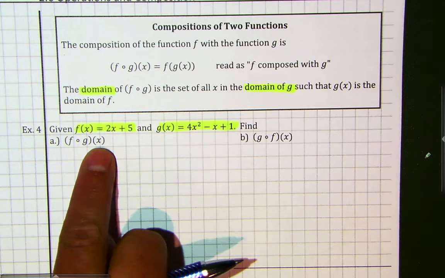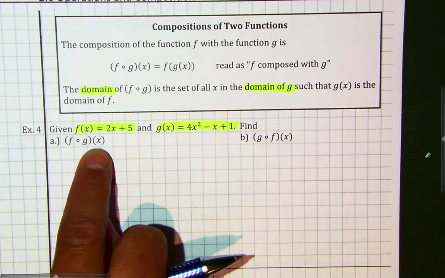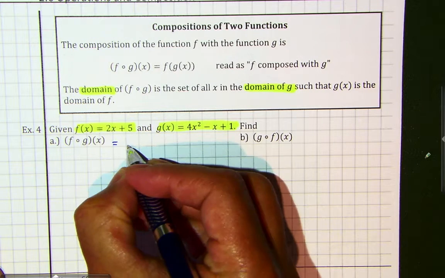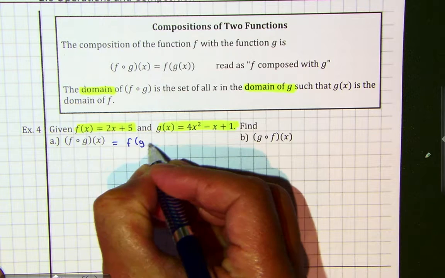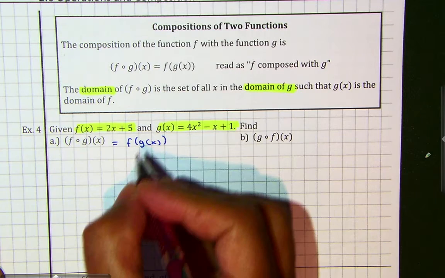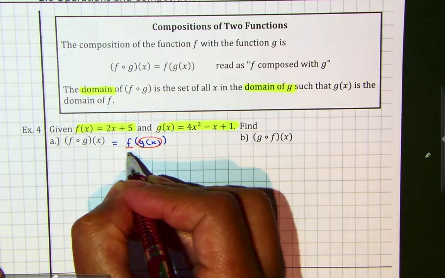So we know that f composed with g of x can be written down just like you guys did last time as f of g of x. That means that you're going to plug in the g of x inside the f function.